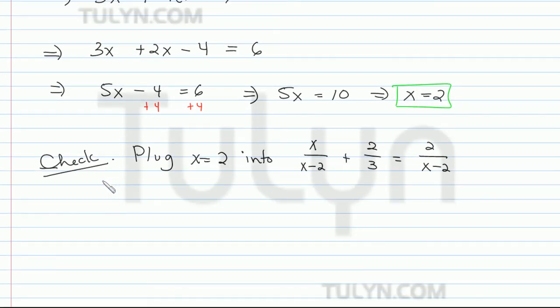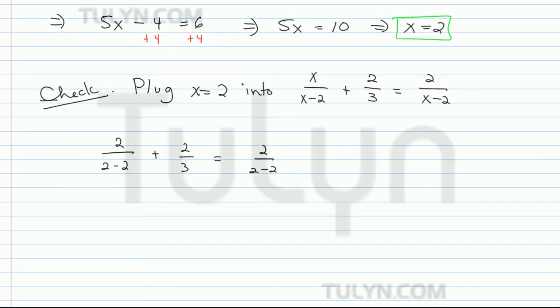So plugging x is equal to 2 in, we get 2 over 2 minus 2 plus 2/3 is equal to 2 over 2 minus 2. And simplifying, we have 2 over 0 plus 2/3 is equal to 2 over 0.